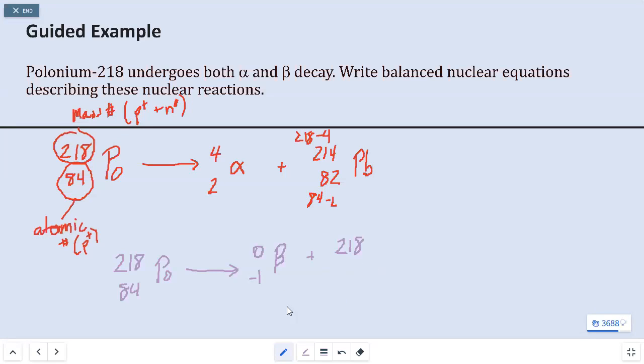As far as its atomic number is concerned, 84 was the atomic number of polonium. Right now we have an atomic number of -1. 84 minus -1 would give us an atomic number of 85 for this nucleus. Element number 85 is At, astatine. And so that would be the product of the beta decay of this polonium isotope.